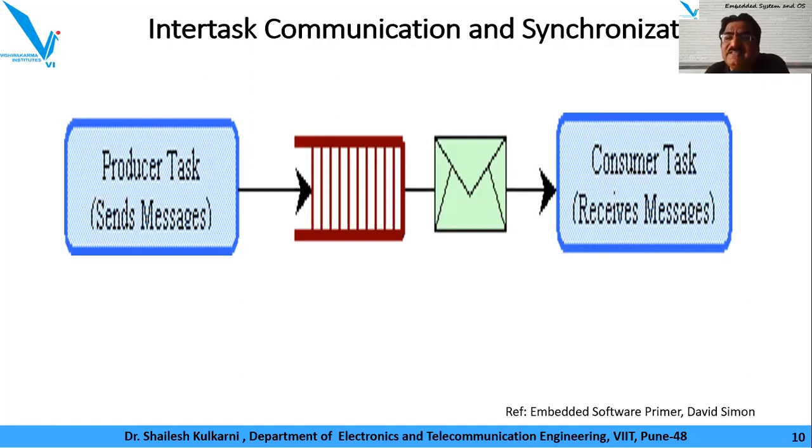The simple strategy that is used is, instead of passing the messages, why don't we pass the address of those messages? The address of the messages can be referred to as pointers, isn't it? And a pointer size variable is always fixed, right?